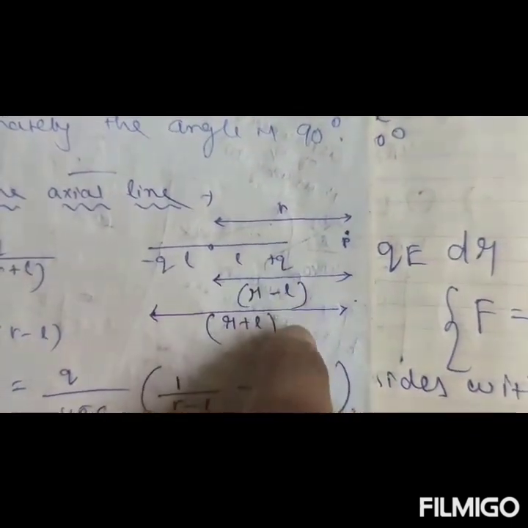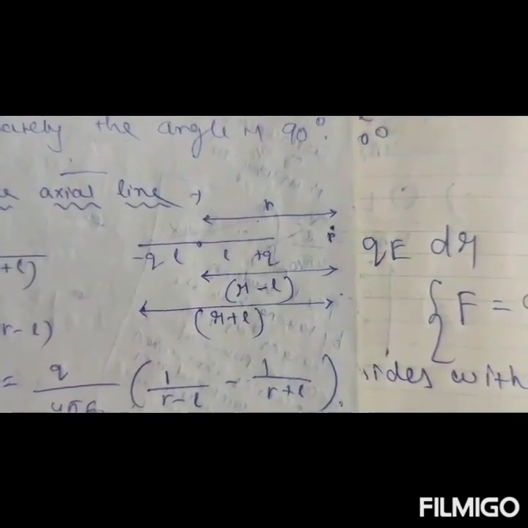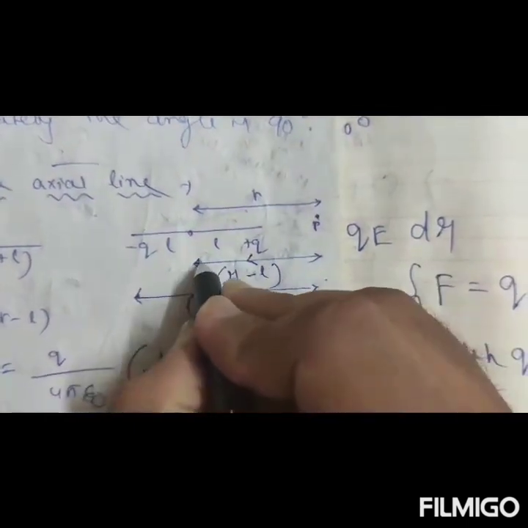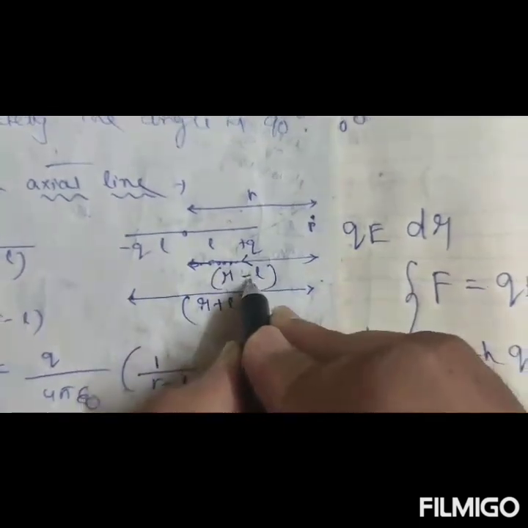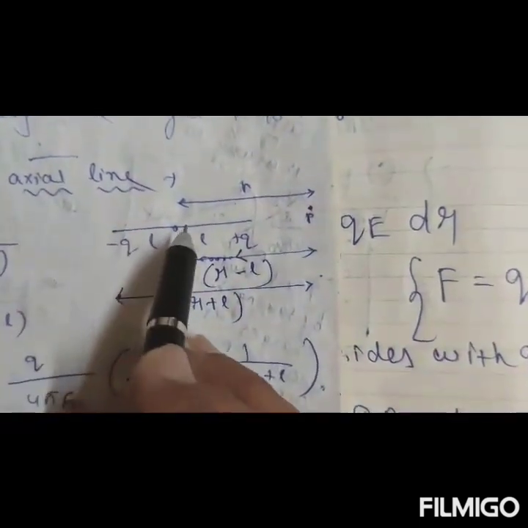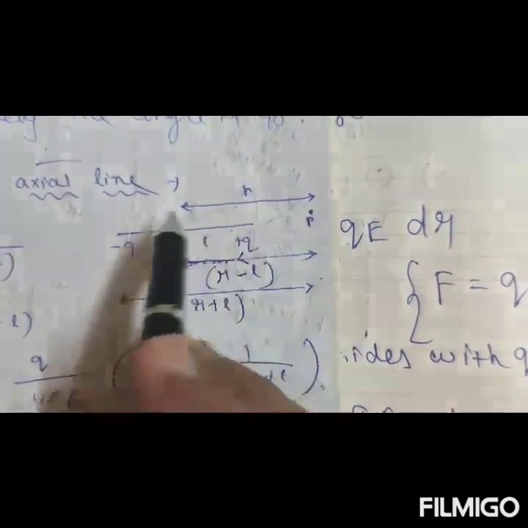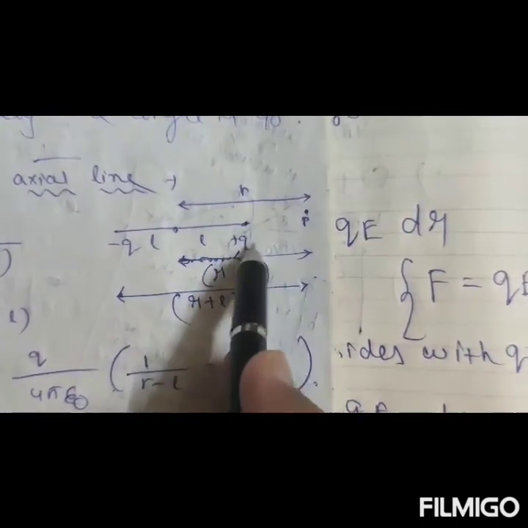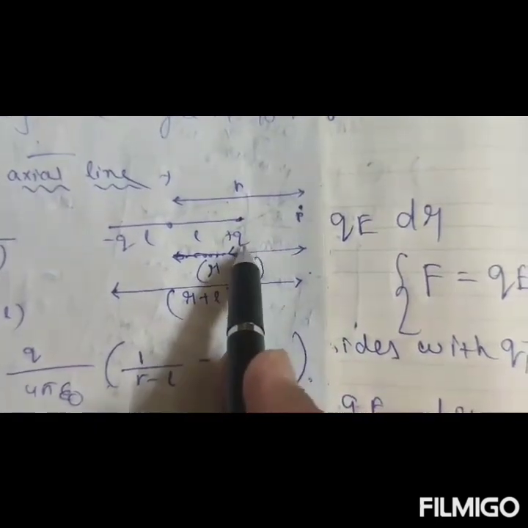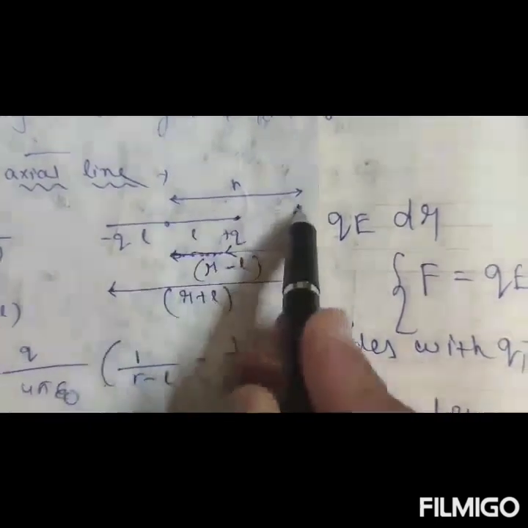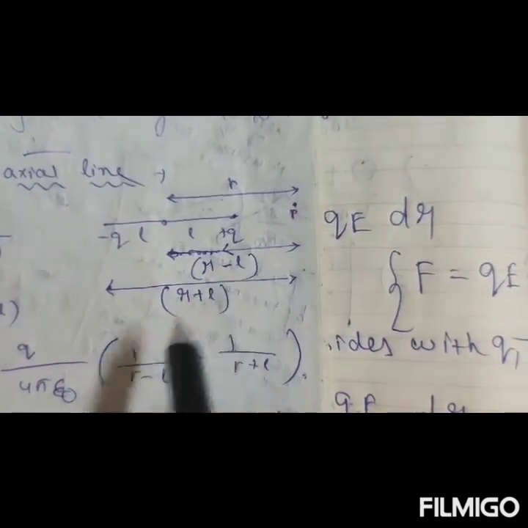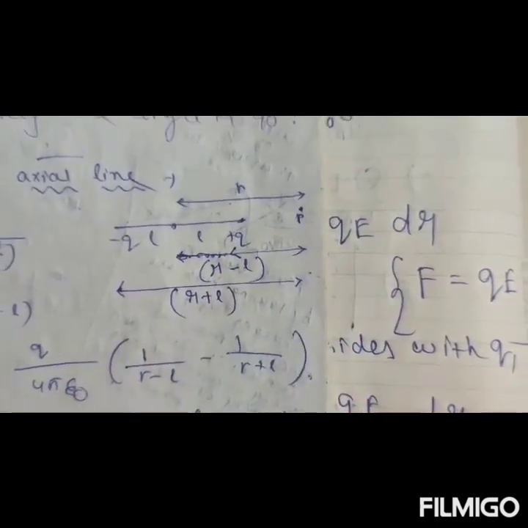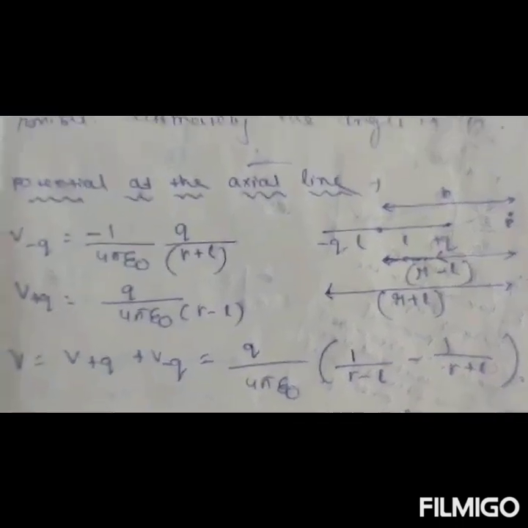The distance from plus q to P is R minus L, because the total R is the midpoint to point P distance. And the distance from minus q to P is R plus L. You have done this already, right?